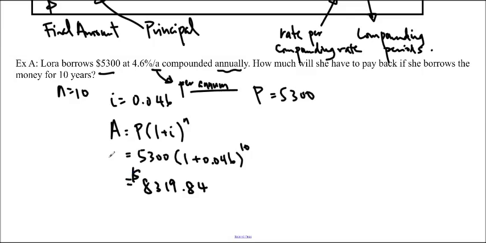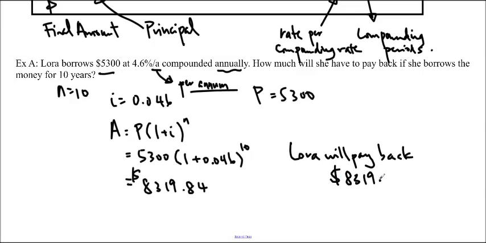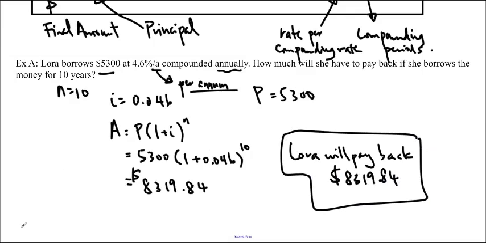That is how much Laura will owe in the end. So Laura will pay back $8,319.84 because it's a word problem. We're writing a word solution, and that's it.